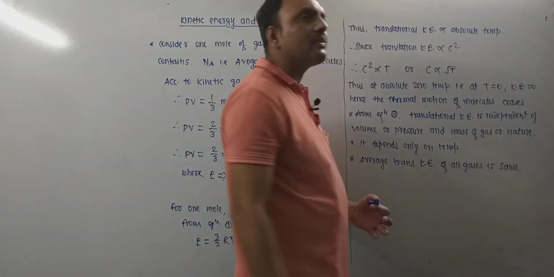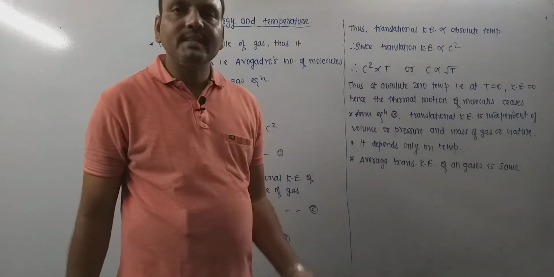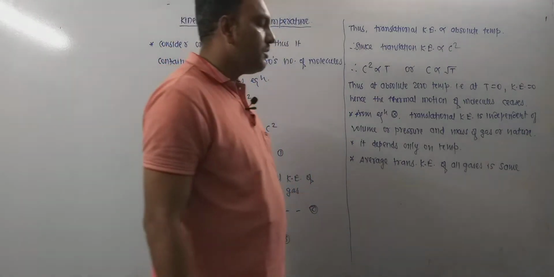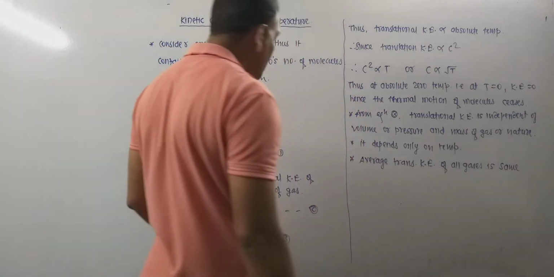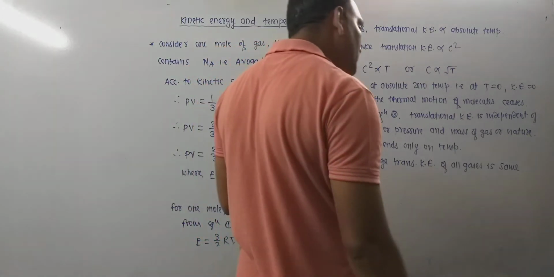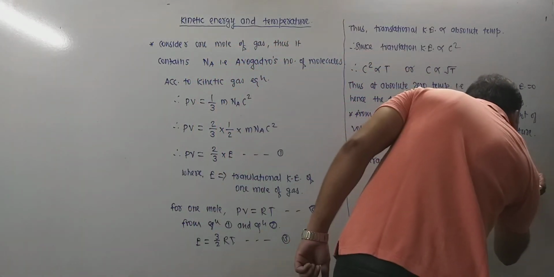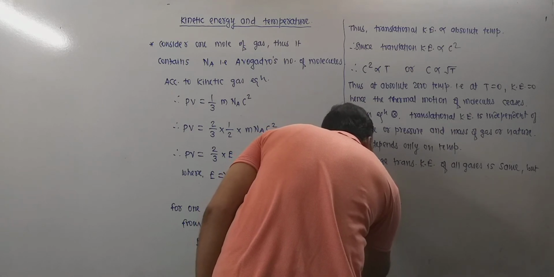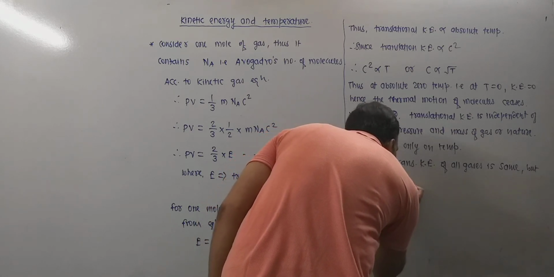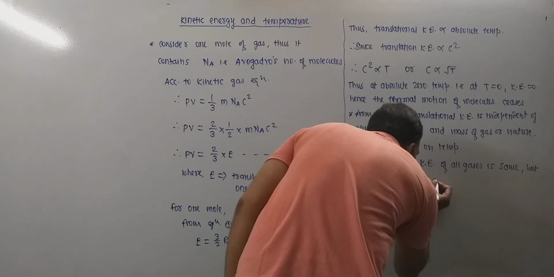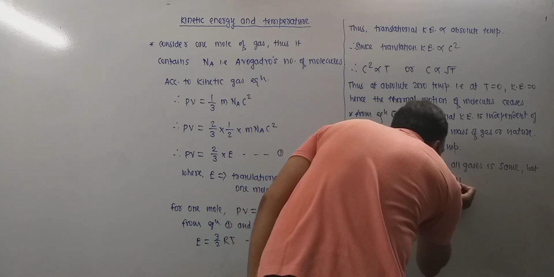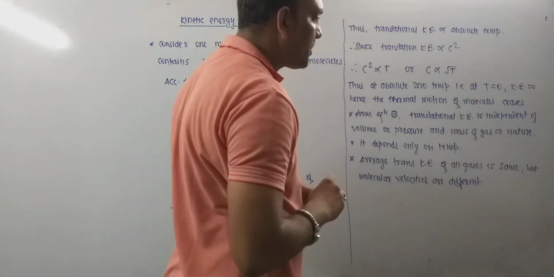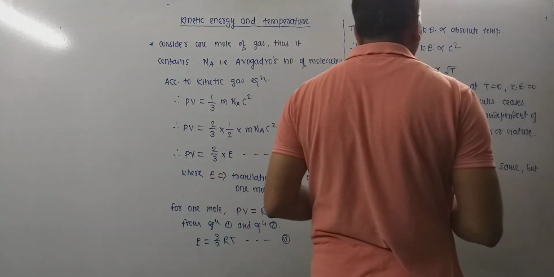So if we compare two or more gases at same temperature, then their average translational kinetic energy should be the same, but the molecular velocities are different for different gases. This is very important thing to be known.